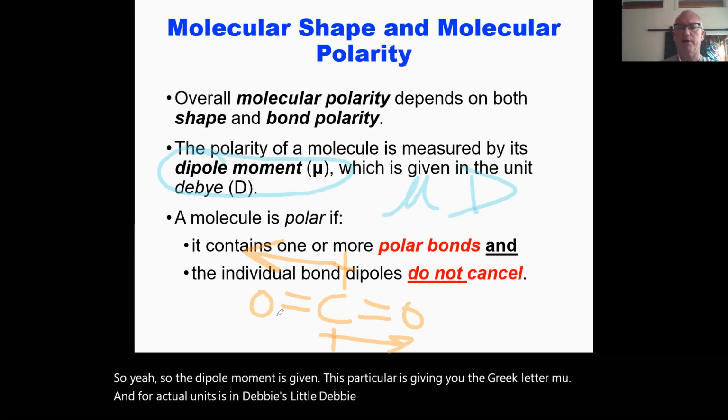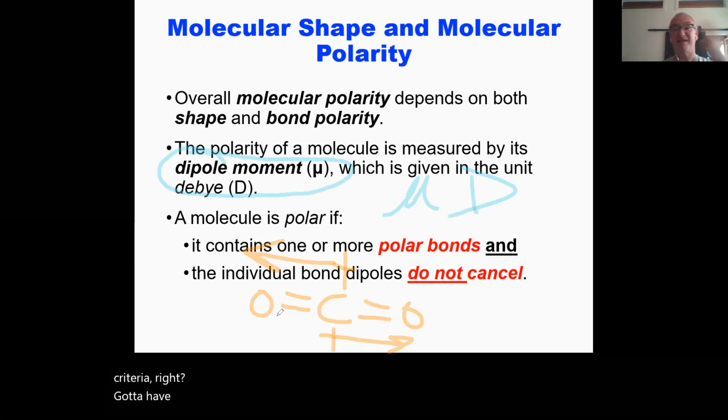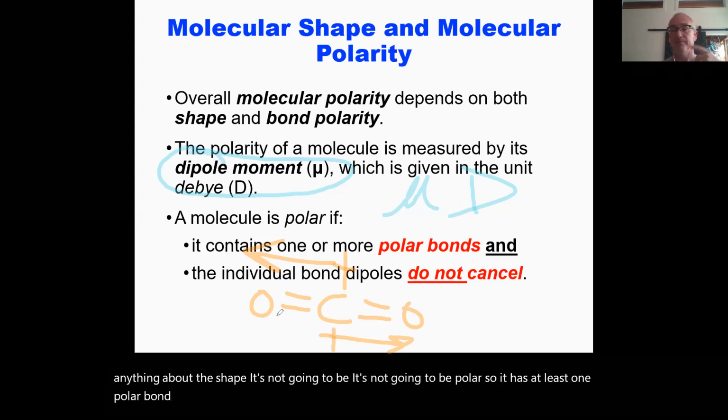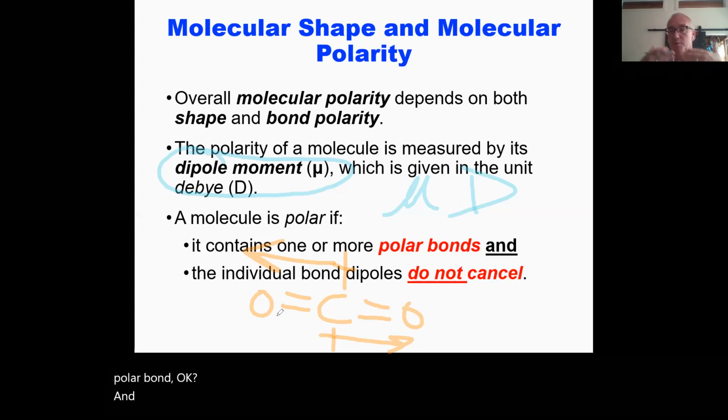So a molecule is polar when it satisfies two criteria, right? It's got to have a polar bond in it. If it doesn't have any polar bonds in it, you don't need to know anything about the shape. It's not going to be polar. So if it has at least one polar bond, okay, and the individual dipoles, when you add them all together, don't cancel each other out.